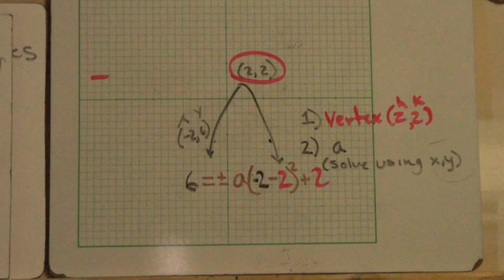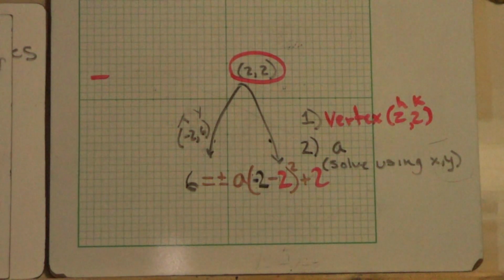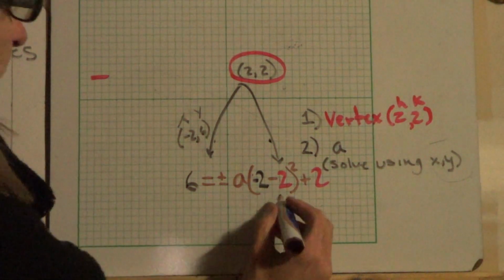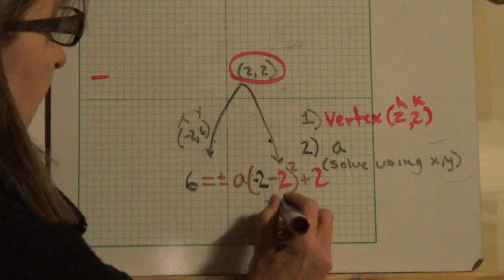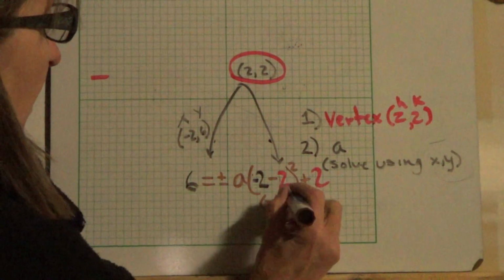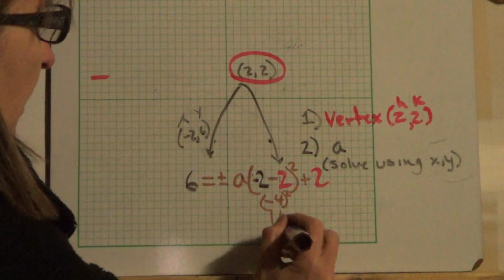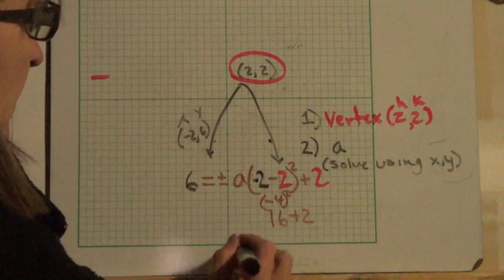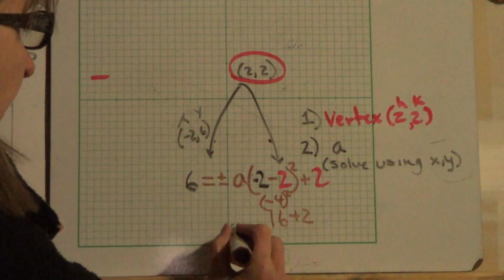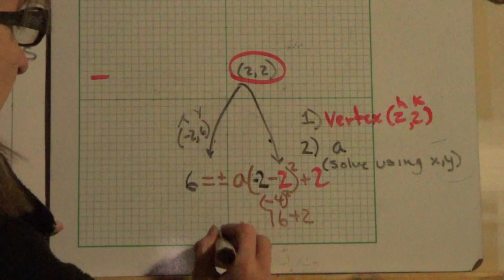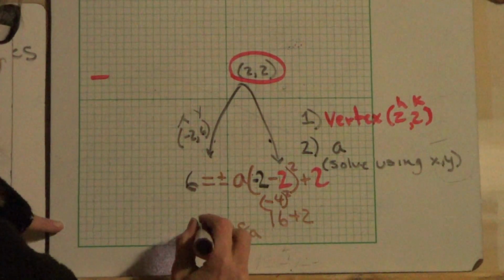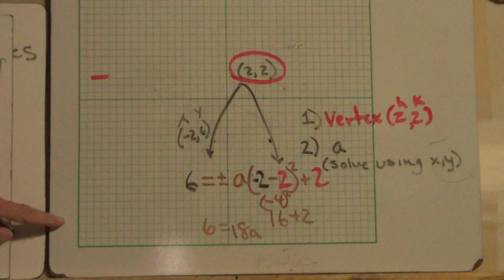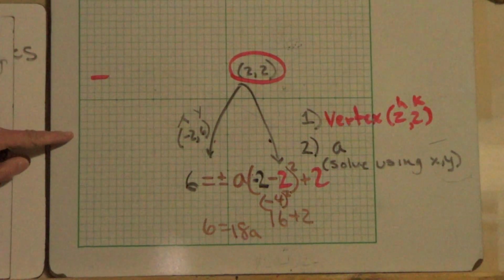Negative 2 minus 2 would be negative 4. Negative 4 squared would be 16. 16 plus 2 is 18. So I have 18a equals 6. Okay?